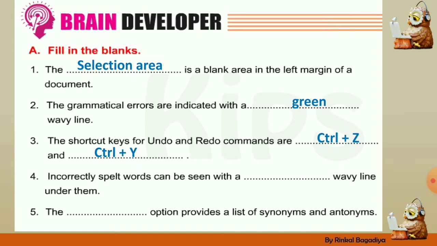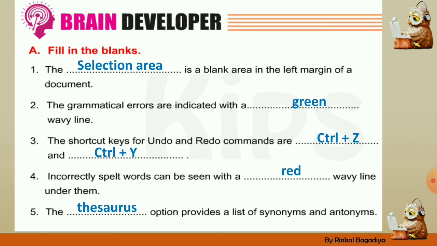Number 4, incorrectly spelled words can be seen with a dash wavy line under them. When we make a spelling mistake it will be shown by Word with which wavy line? Yes, red wavy line. So write down answer 4 is red. Number 5, the dash option provides a list of synonyms and antonyms. Yes, thesaurus. So write down answer 5 is thesaurus.